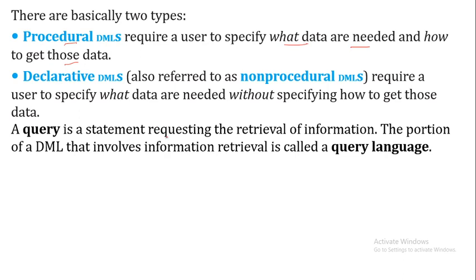It's very tedious. But in the case of the declarative language, which is also called the non-procedural language, where SQL is also a non-procedural language, it requires users to specify what data are needed without specifying how to get those data. Here, how you are going to do it needs to be mentioned in the case of a procedural language, where it is not required in the case of a non-procedural language. This is what happens with the declarative data manipulation language.